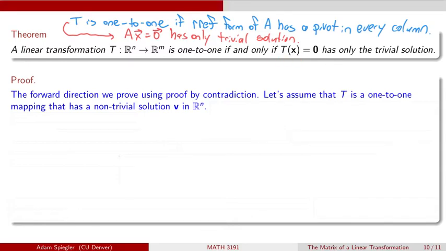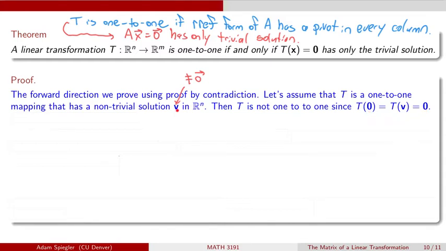Let's assume that T is a 1-to-1 function, but this equation T of x equals 0 has a non-trivial solution. So in particular, this vector v is not equal to the 0 vector. Well, we just reached a contradiction really quickly because we know that for any linear transformation, the 0 vector needs to get mapped to the 0 vector.